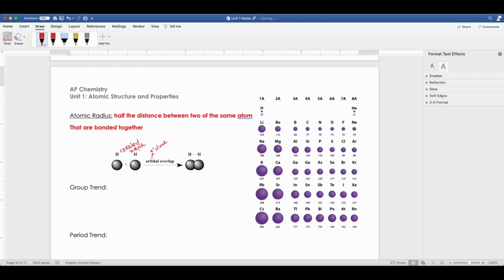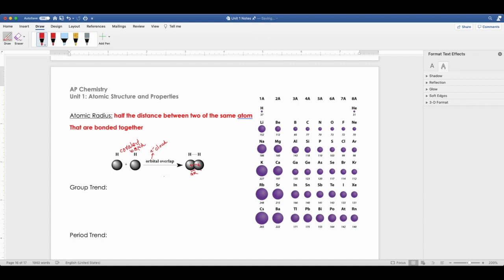There's a nucleus right in the center of this hydrogen atom, and there's a nucleus right in the center of this hydrogen atom. There's a distance that those two nuclei are away from one another, but half of that distance is what we call the atomic radius. So it's half the distance between two of the same atom that are bonded together.